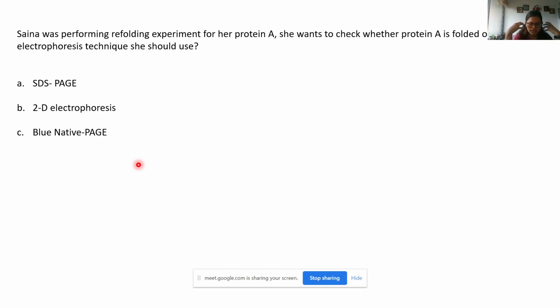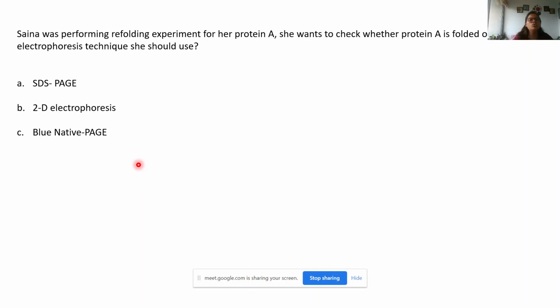So suppose, let's say, you have a protein dimer or homodimer protein. It's a homodimer, meaning it is made up of two monomers, and each monomer has a molecular weight of, let's say, 40 daltons. Whenever you are doing an SDS-PAGE, you will get a band at 40 only.